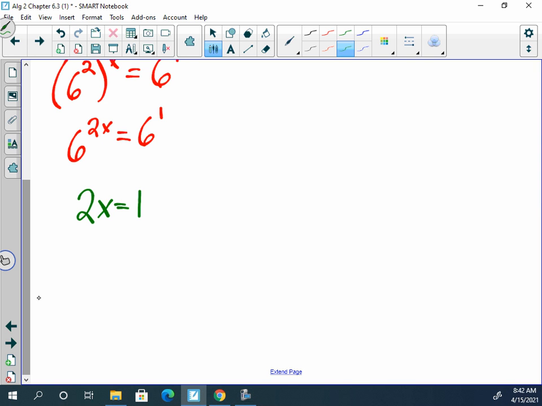We'll probably get more into this later on in the chapter and cover this again. But if I want to find the value of x, I would divide both sides by 2, which would tell me x is equal to 1/2. And that's essentially what we've been using up to this point, especially with the first one, where we had 4 to the x equals 4 to the third, x equals 3. We're using the 1 to 1 property.